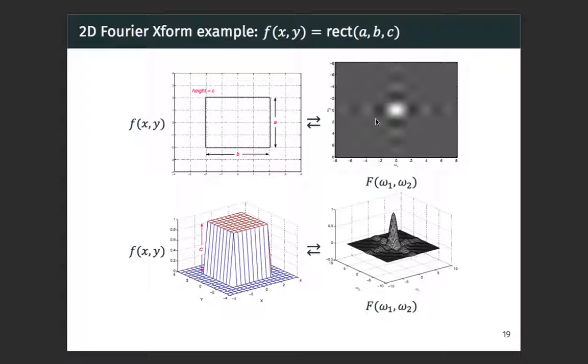If you display that as a picture of the frequencies, or at least the magnitude of the frequency, what you get is this kind of ringing phenomenon. Okay, so mid gray here would be 0, dark means it's negative, and white means it's positive. And this is what it looks like here.